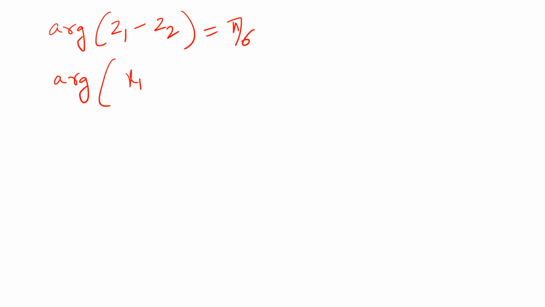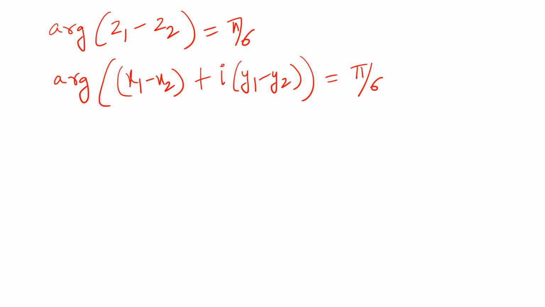Now students, we have been given a third equation in the question, and that is argument of Z1 minus Z2 equal to pi by 6. So this means argument of (x1 minus x2) plus iota times (y1 minus y2) is equal to pi by 6.